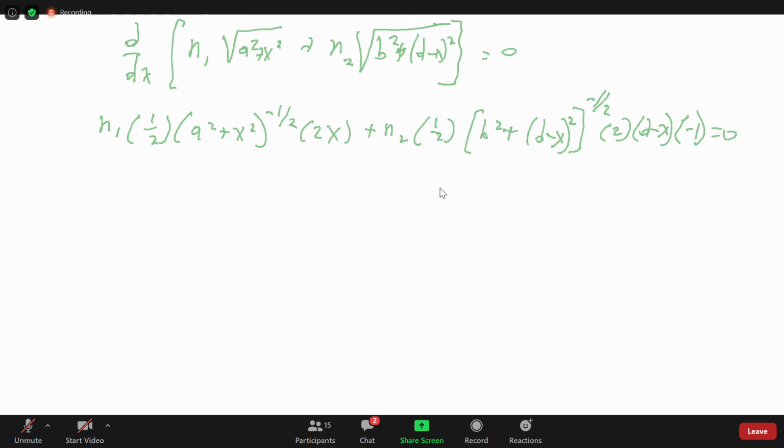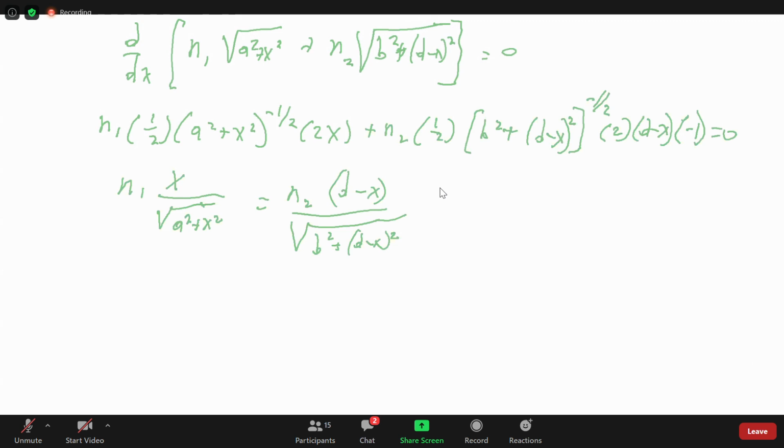So that's the equation. I can make this more compact. I can write this as n1 times x over the square root of a squared plus x squared, from the a squared plus x squared to the minus 1/2, is equal to n2 times d minus x over the square root of b squared plus the quantity d minus x, squared.